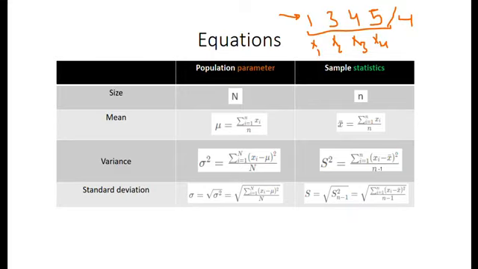After we take the sum, we will simply divide by the number. Now this should be capital N, as we agreed before, since it's a population, right? Whereas when we talk about a sample, it's simply the same thing, but with slight differences in the symbols used.